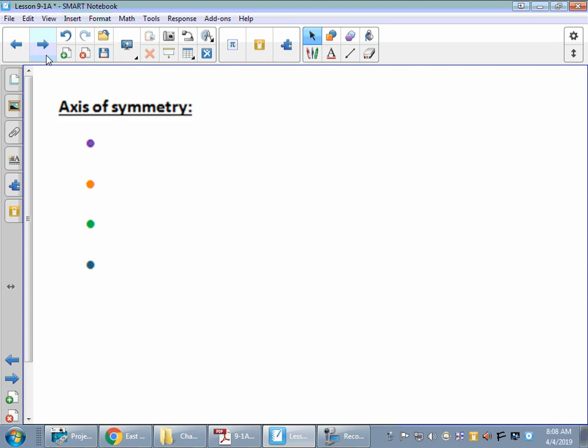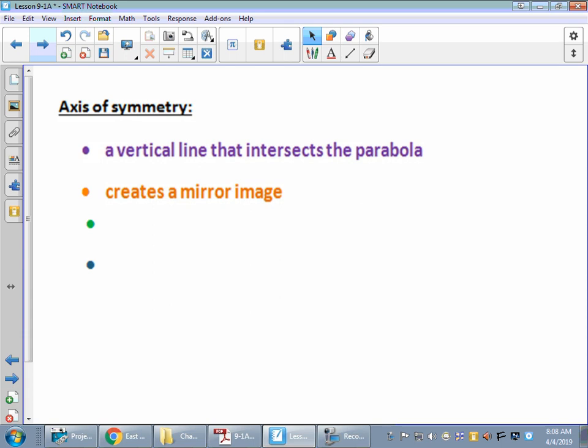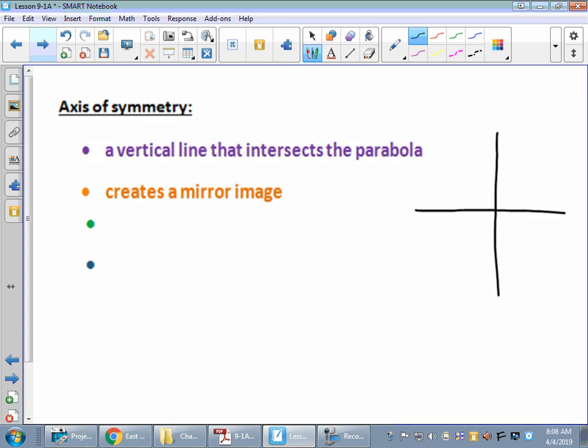All right? The next one, axis of symmetry. This is a vertical line that intersects the parabola. And it creates a mirror image on each side. So if I just drew a little sketch, and this one opens downward, like this, our axis of symmetry goes right down the middle.